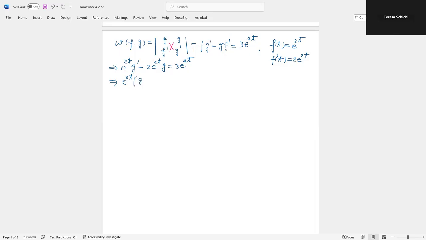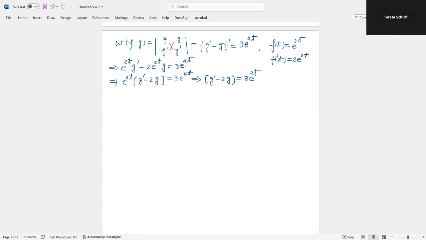Then this is g prime minus 2g, equal to 3e^(4t). So I can divide by e^(2t), and I will have g prime minus 2g is equal to 3e^(2t).